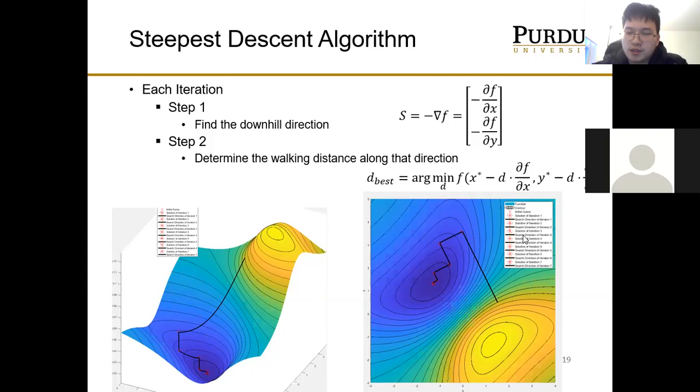Anyone can add small comments on why these two directions are perpendicular to each other. I think you already gave a good point, that it is by definition of the gradient, right?